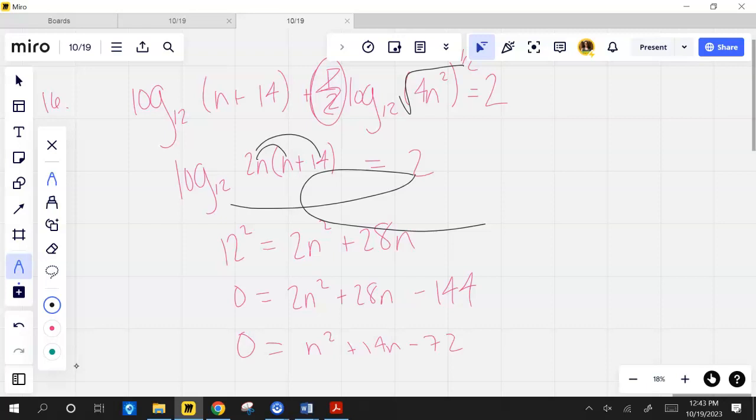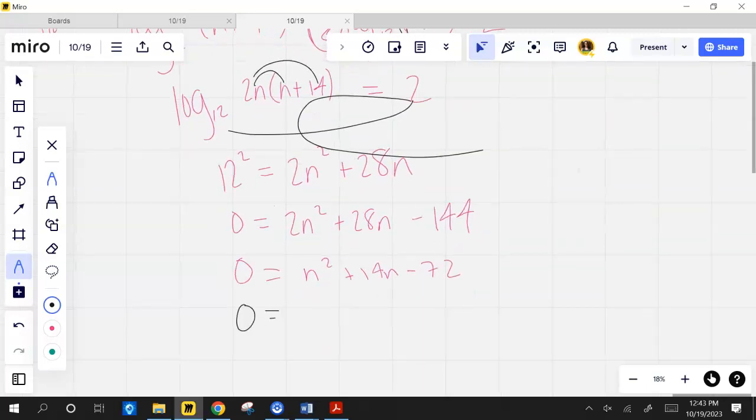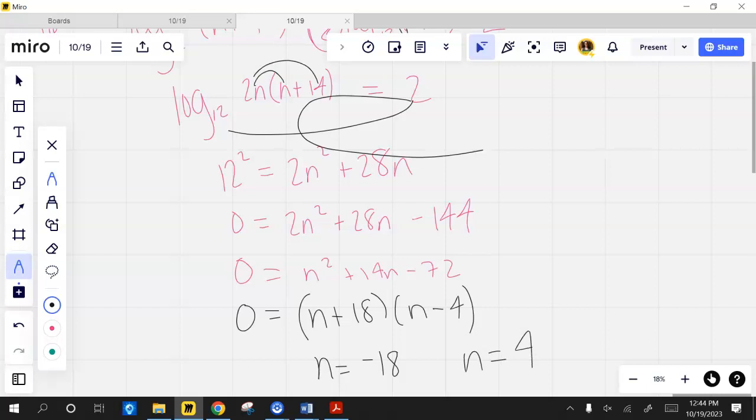Yes, 18 and 4. Okay, there are my two solutions.